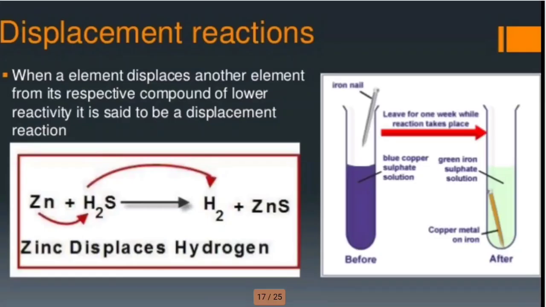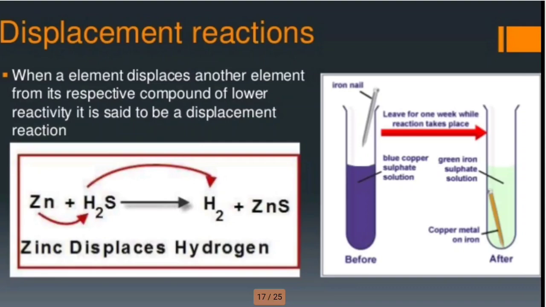Next, we discuss displacement reaction. A more reactive element displaces a less reactive element. For example, zinc plus copper sulfate gives ZnSO4 plus copper. You can see one extra example here, zinc plus H2S gives H2 plus ZnS.